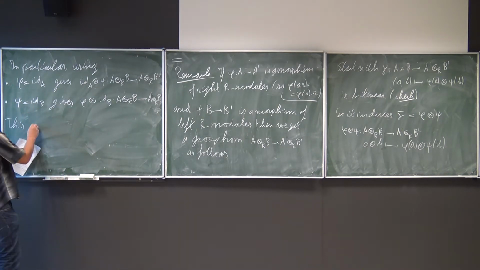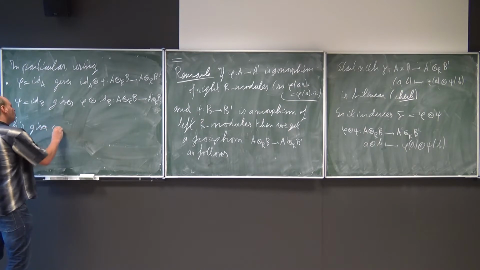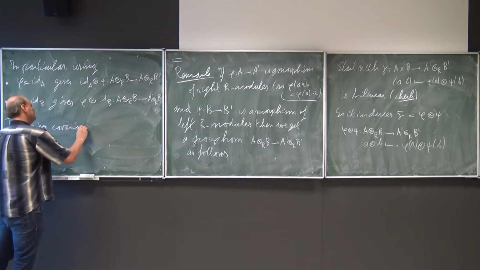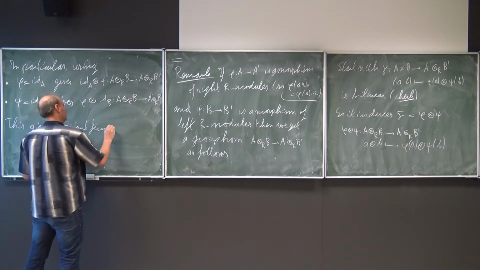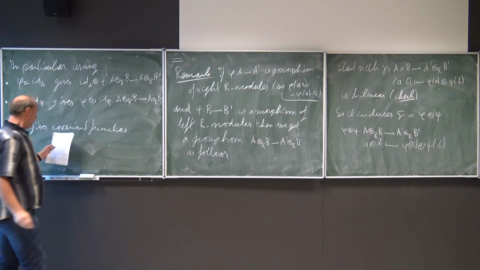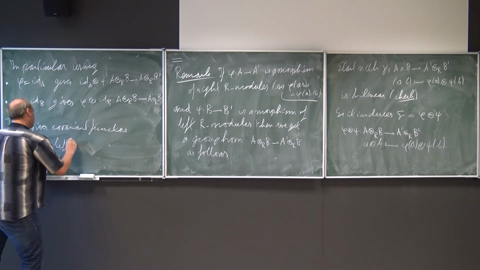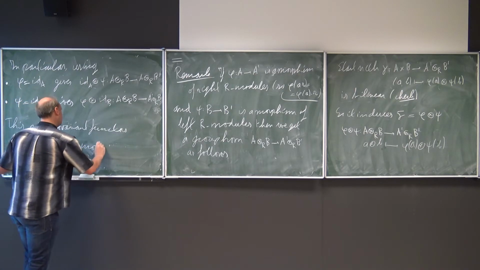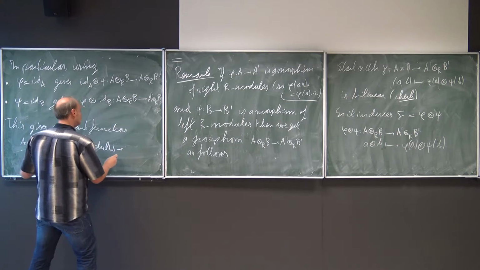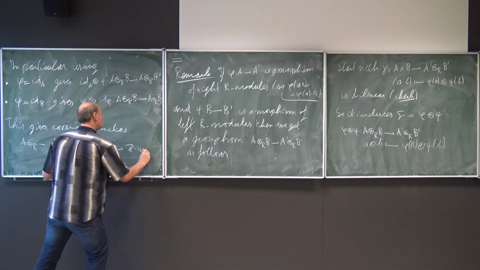So this gives covariant functors, two of them. I can fix the A and then put an argument B, so that will have to be a left R module in the second, and then I go from left R modules to Z modules, that is, to groups.